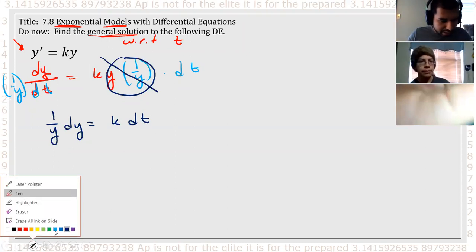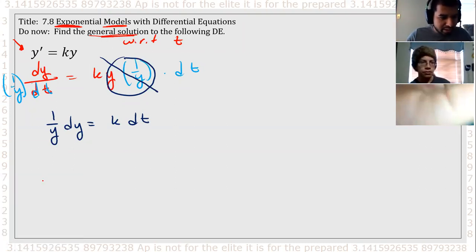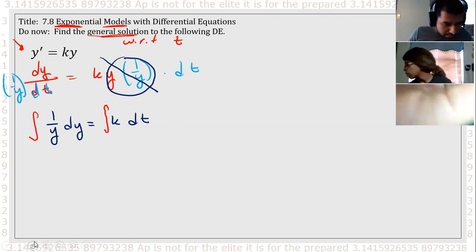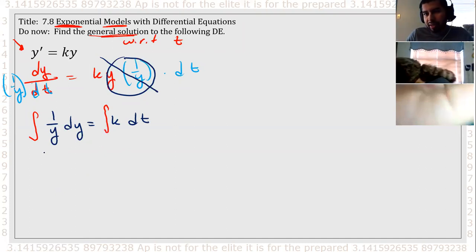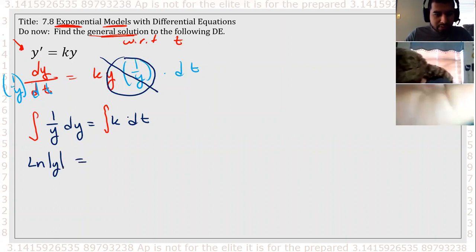Just like last week, we integrate both sides. We should be able to get the integral of 1 over y. We've been doing a lot of integration with exponentials and ln's, so this should be ln of y equals the integral of this.